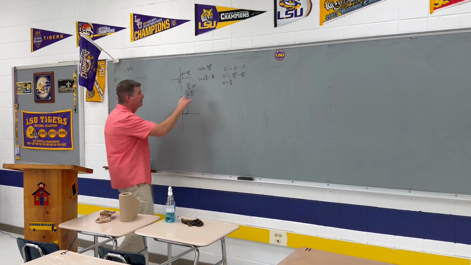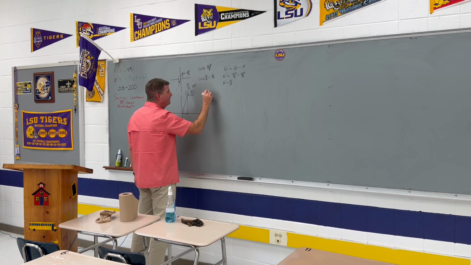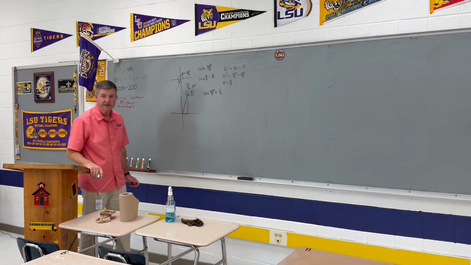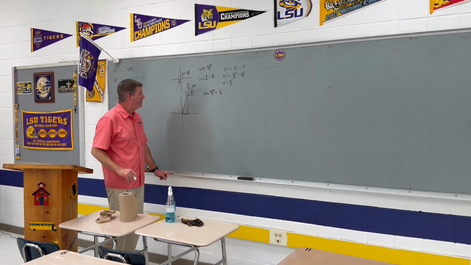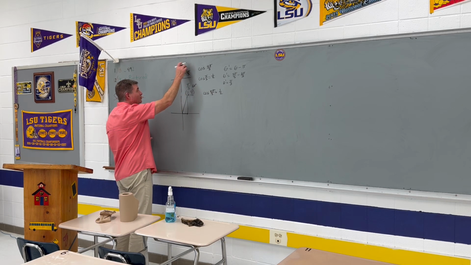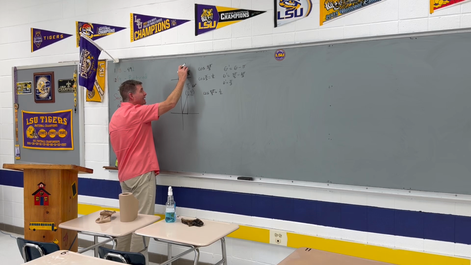So if the cosine of pi over 3 is 1/2, the cosine of 4 pi over 3 has magnitude 1/2. But now we have to ask ourselves, we had quadrant 1, quadrant 2, quadrant 3, quadrant 4. Here all the functions were positive.